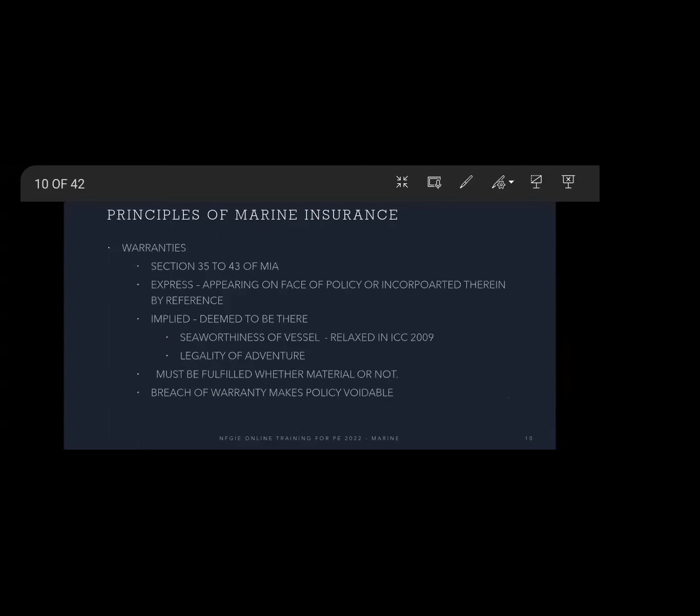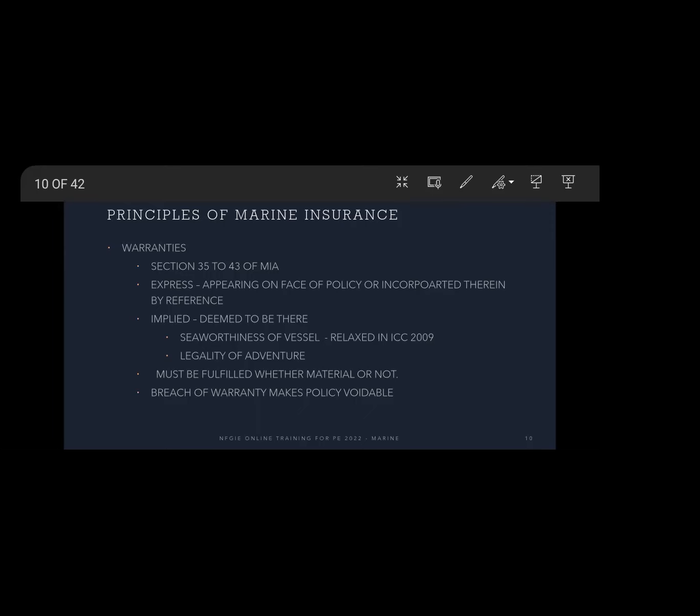With respect to the principle of utmost good faith, we have a connected thing called warranties. Sections 35 to 43 of the Marine Insurance Act deal with these warranties. These warranties can either be express or implied. When I say express, it means that it appears on the face of the policy. Either it is printed on the face of the policy, or a reference to it is made in the policy.